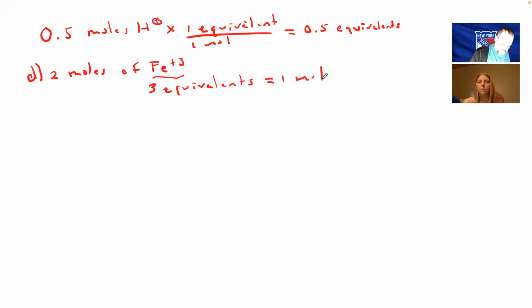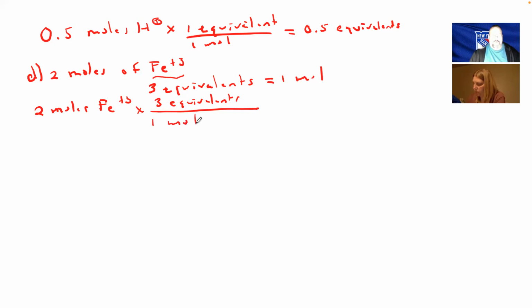So we start in this case with 2 moles of Fe plus 3, and we multiply that by 3 equivalents for every 1 mole. The reason we're doing this, even going back to the example above, is because when we set it up in this way, the number of moles cancel.